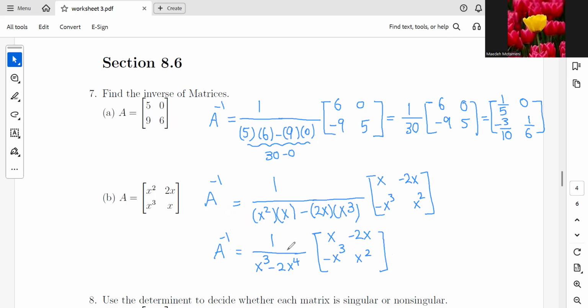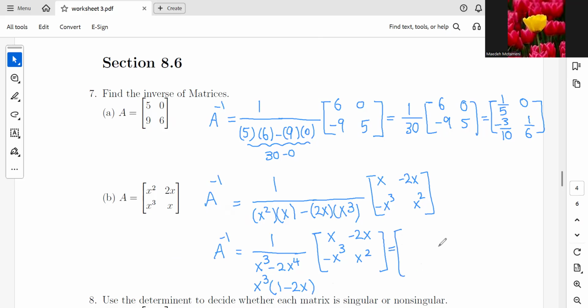For the first part, in order to make it easier, we can factor out x cubed here. If we factor out x cubed here, we would have 1 minus 2x here.